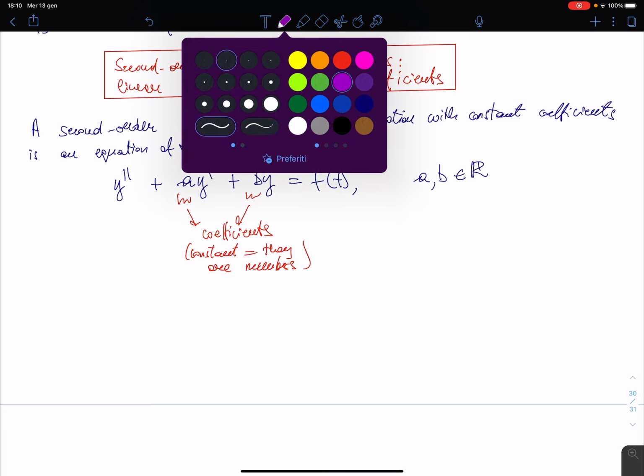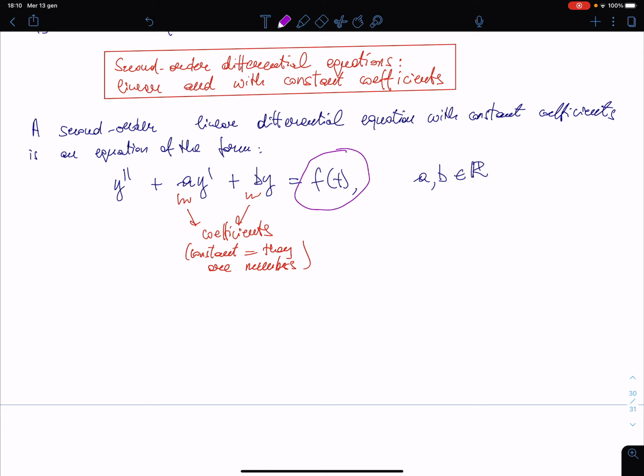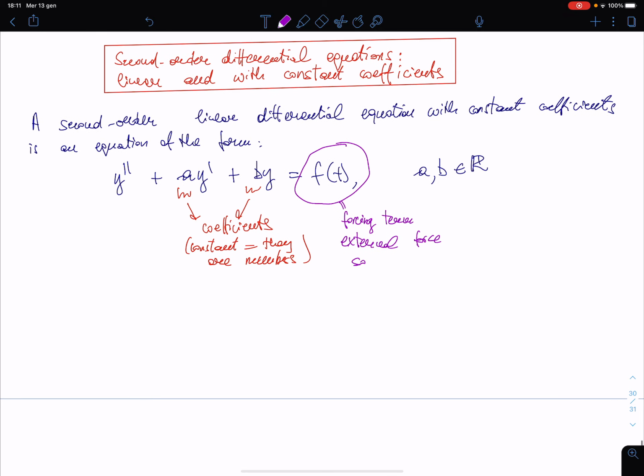Then there is another important term here. This is called the forcing term, or external force, or for short, I will often use this term, source. So you see there is a physical root behind this term.